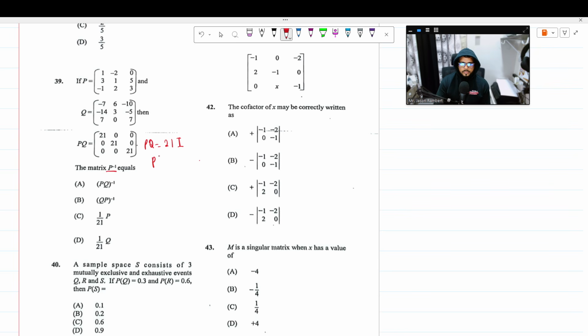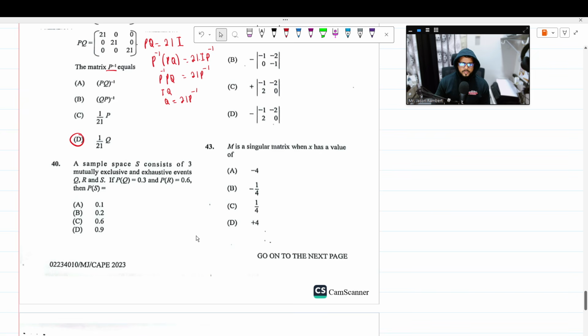So P inverse on both sides, P inverse by PQ is 21I by P inverse. So P inverse P by Q, which is I by Q, which is Q, is 21 P inverse. So Q is 21 P inverse. So 1 over 21 by Q will give me the P inverse.